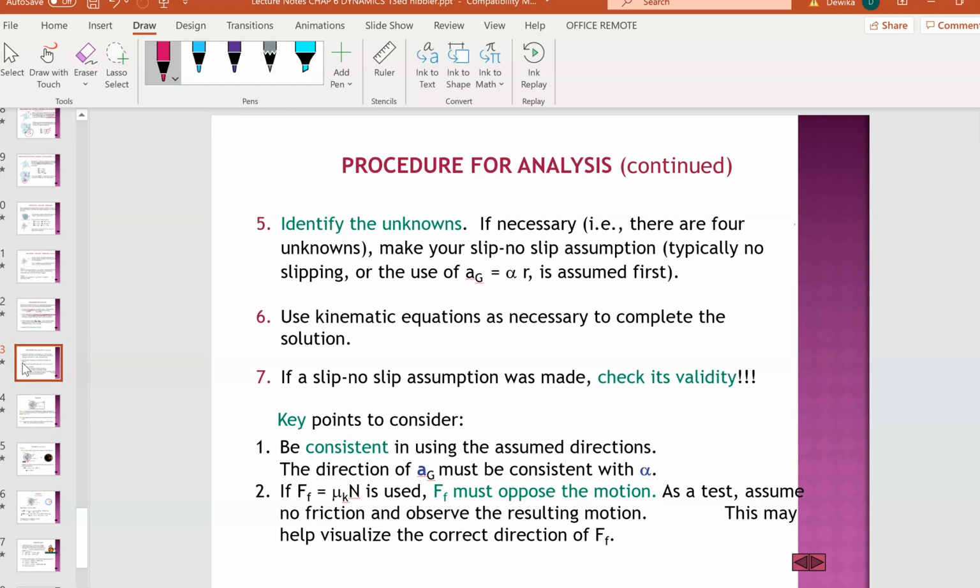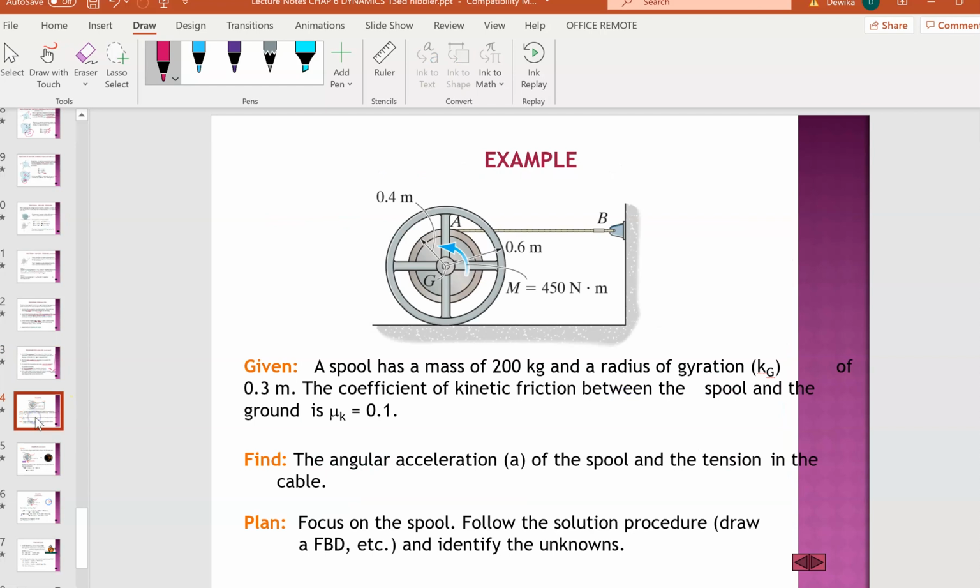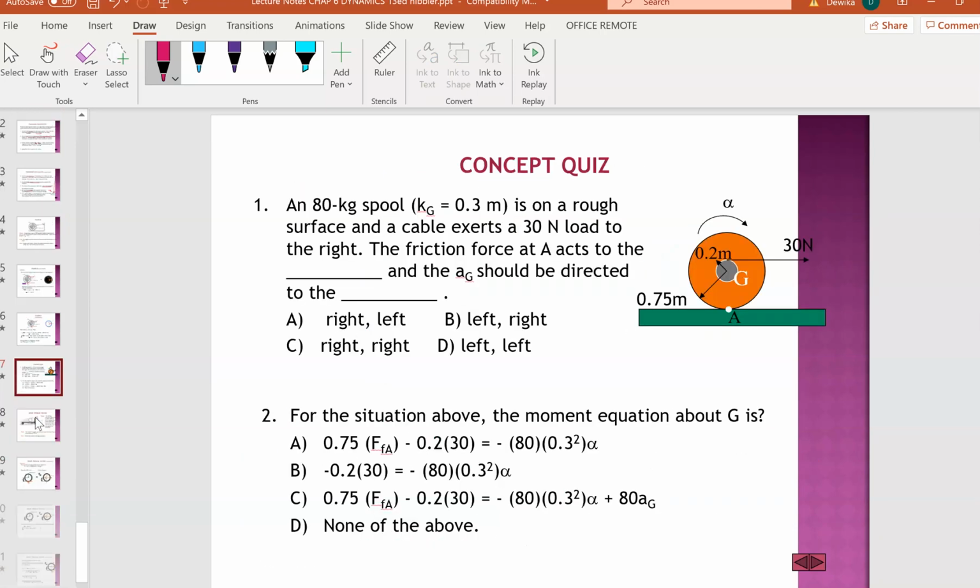A continuation of the procedure for analysis: identify the unknowns, use the kinematic equations, and check the validity. Key point to consider, you must be consistent with the direction. If you've taken direction x as positive this side, make sure that all throughout it is the same. That's very important.